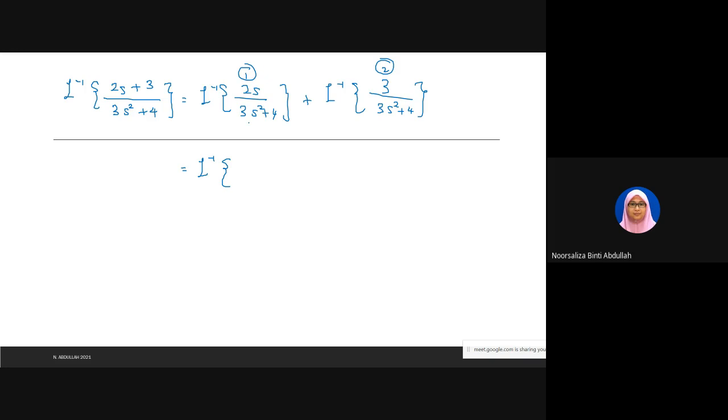Hanya ada s je kat sini. Then 2s over (3s square plus 4/3), plus with inverse 3 over (3s square plus 4/3).